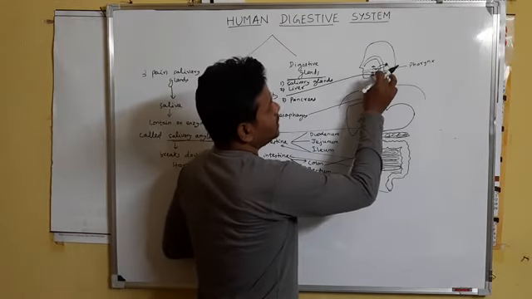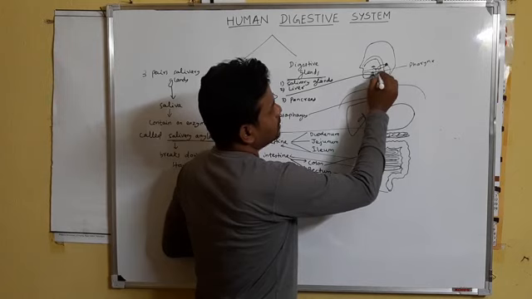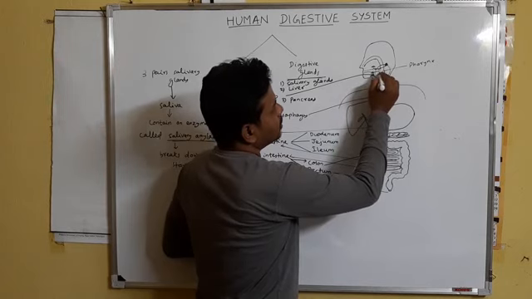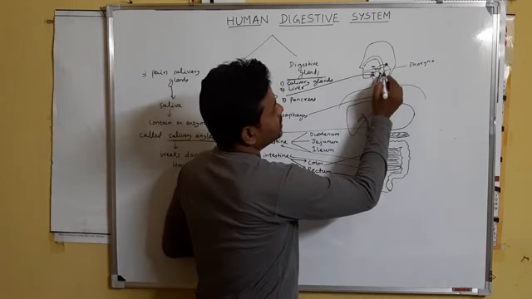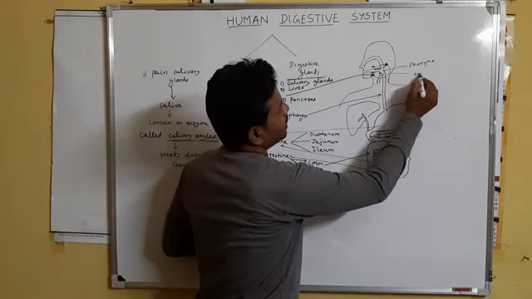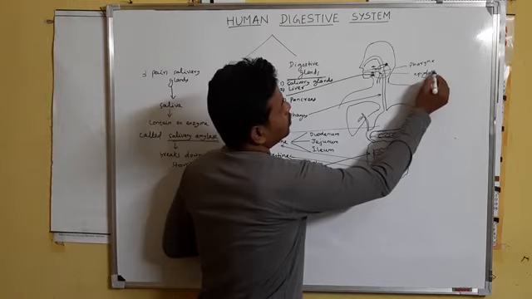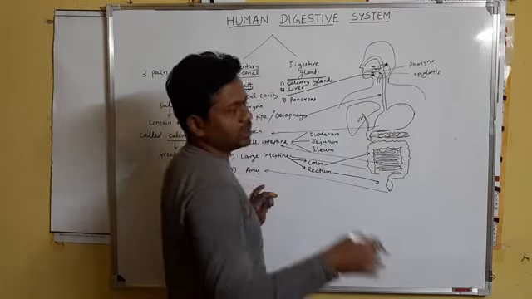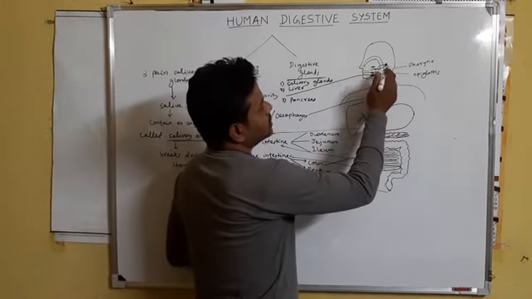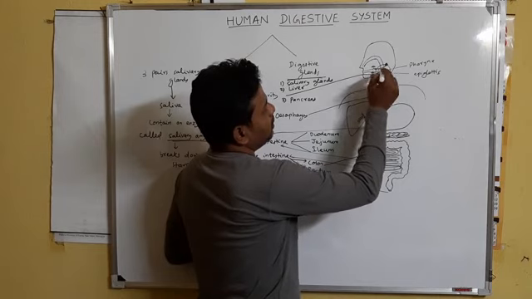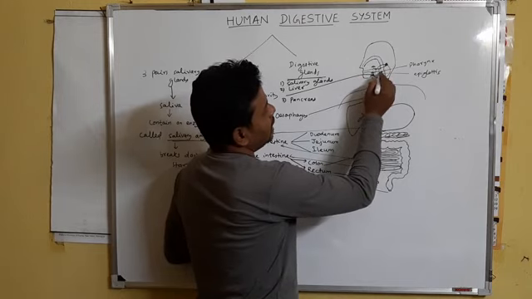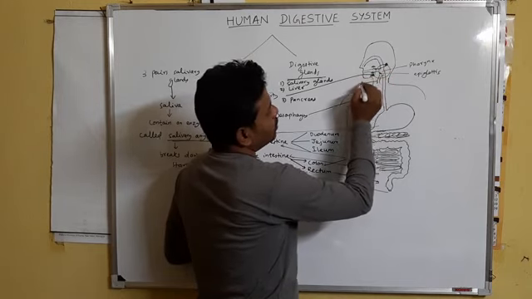So what happens here actually? One cartilage, one covering, is there, which is known as the epiglottis, which we will read in the respiratory system. This epiglottis does not allow the food to enter into the windpipe.